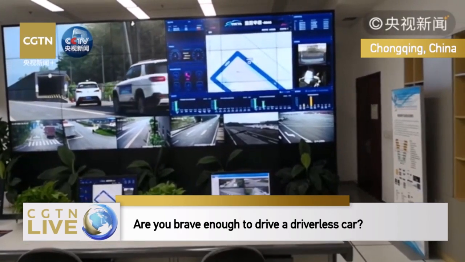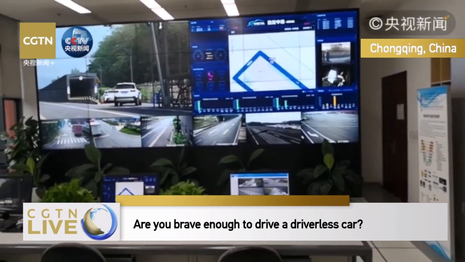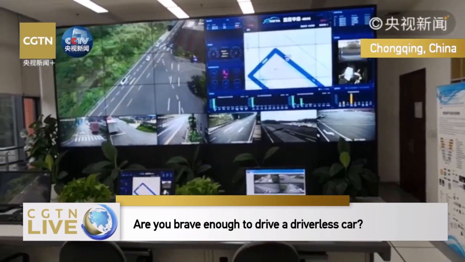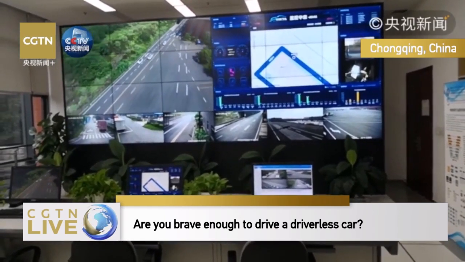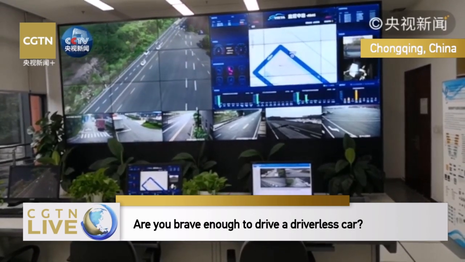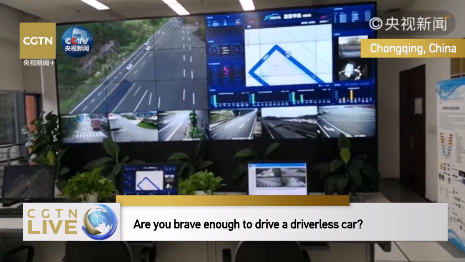And if you connect all of these clips, then we will have a full video from point A to point B. During the experiment of autonomous driving, there are definitely some issues that cannot be avoided or predicted.